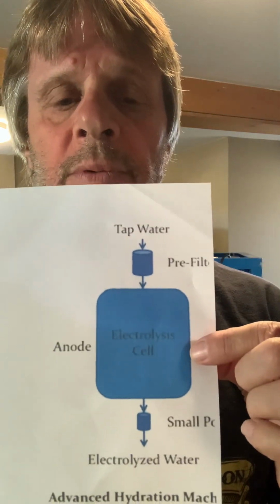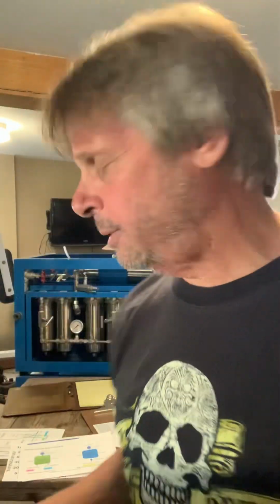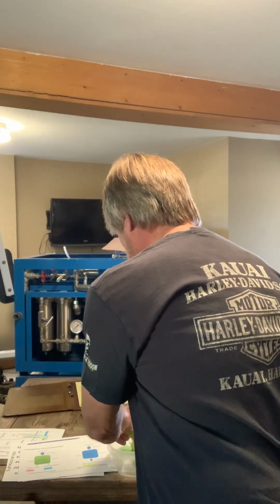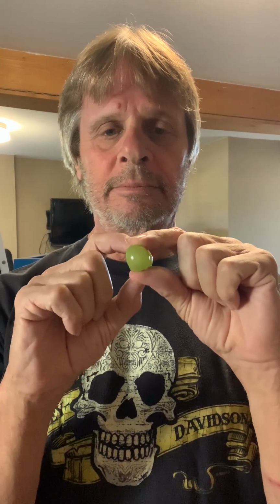When you do it this way, with a single flow in, single flow out, everybody knows water's made of two ions, a basic and an acidic. But what you do is you bond them together. Okay, with dual polarity, you bond them together into one.